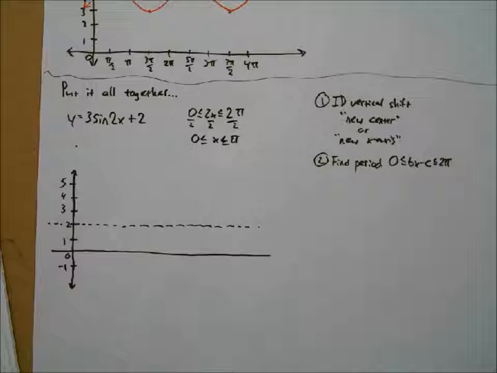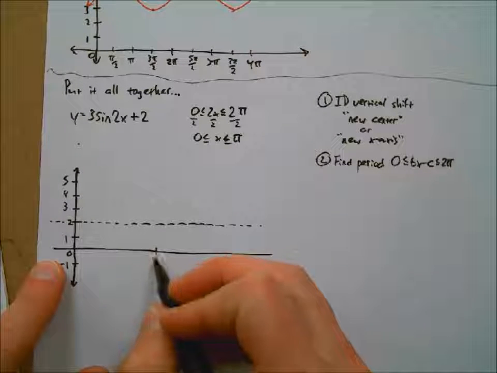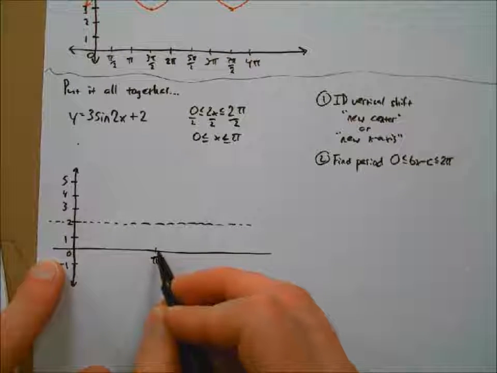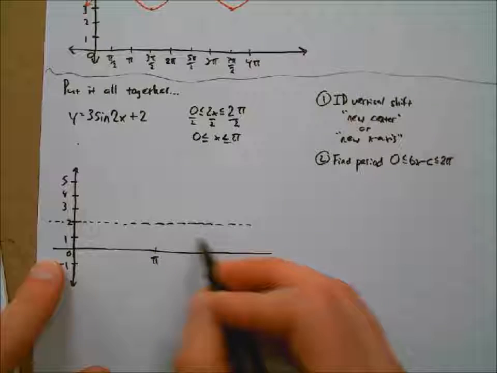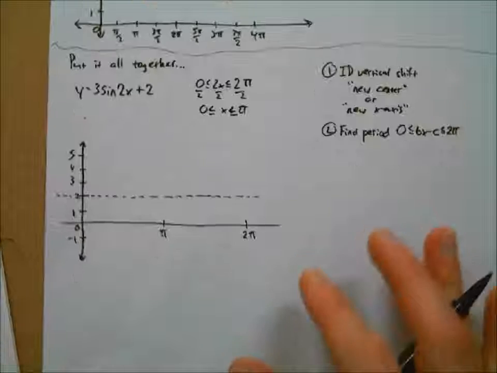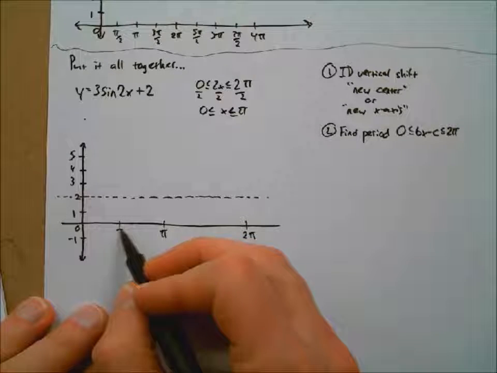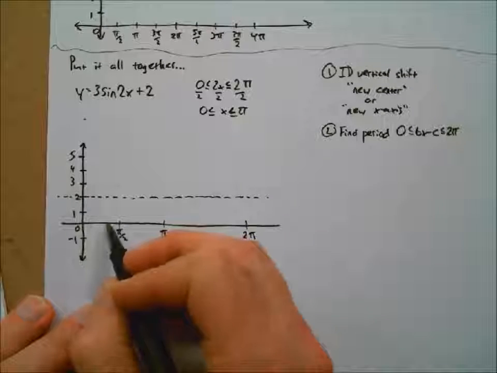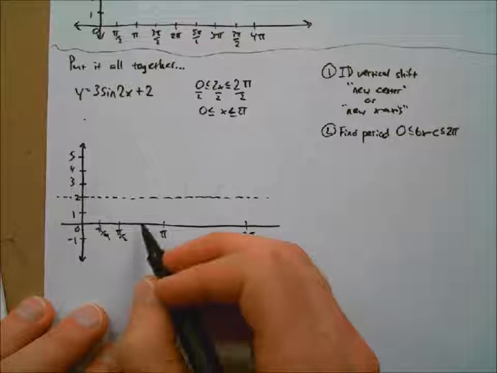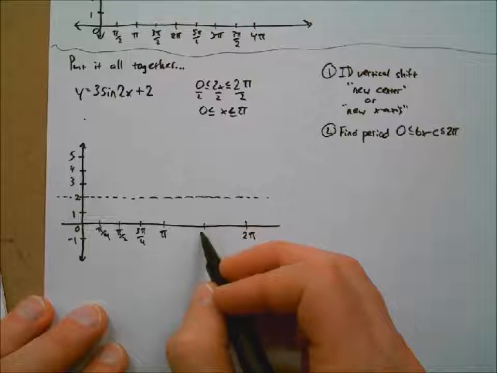Okay, and so let's go then 0. I'm going to do 2 full periods here, so we'll go from 0 to pi. Then, if 1 full period is pi, and I want to do 2 full periods, I have to go out to what? 2 pi. Then we'll find the halfway points and the quarter points too. Halfway between 0 and pi is pi over 2. Halfway between 0 and pi over 2, pi over 4. Halfway between pi over 2 and pi, 3 pi over 4. Halfway between pi and 2 pi, 3 pi over 2.